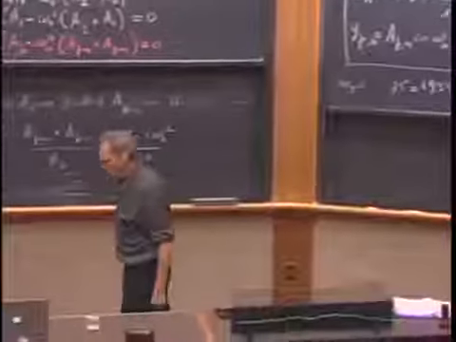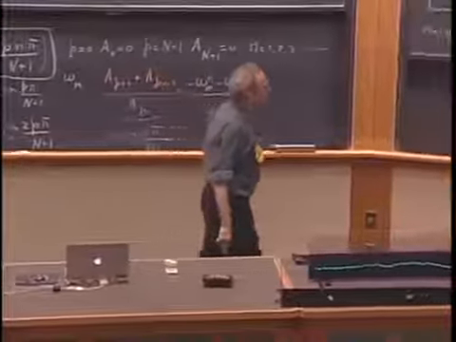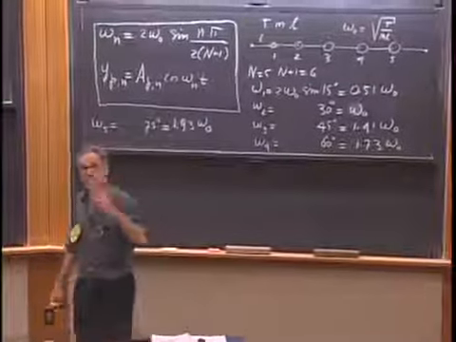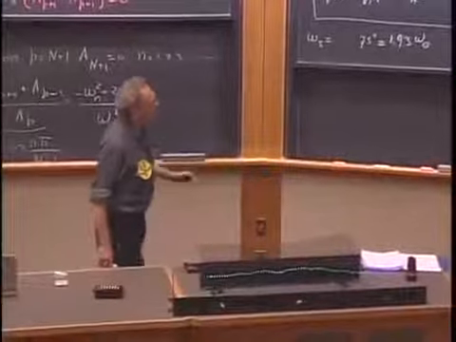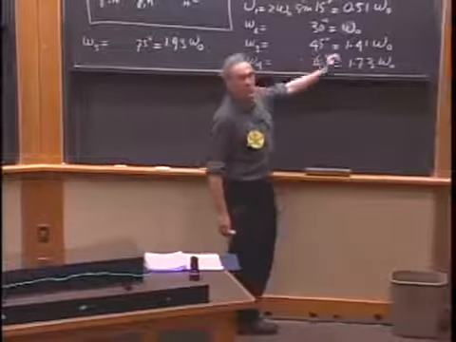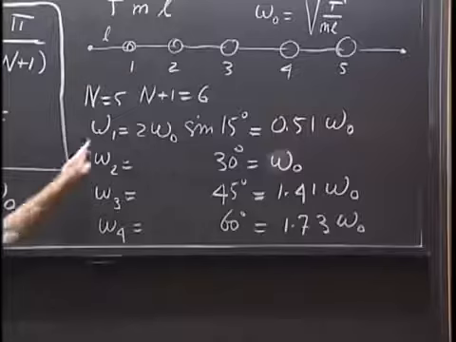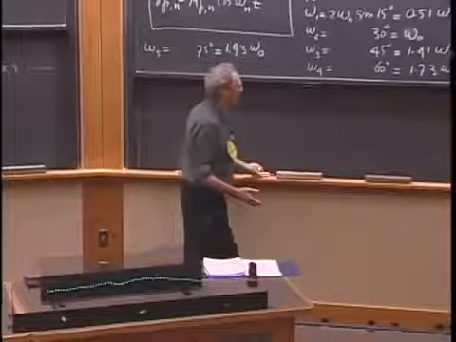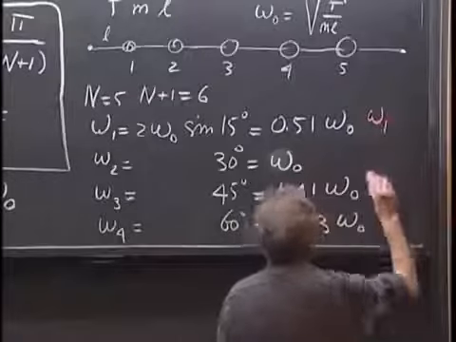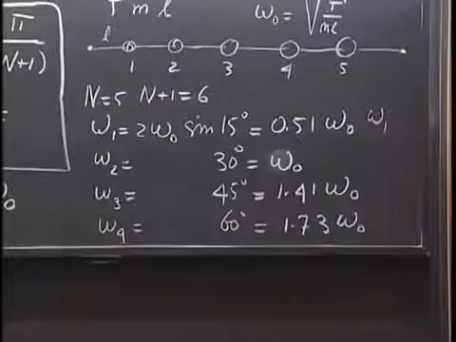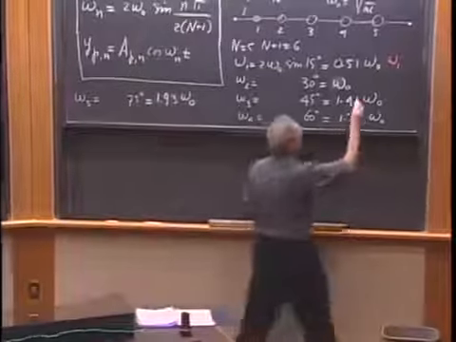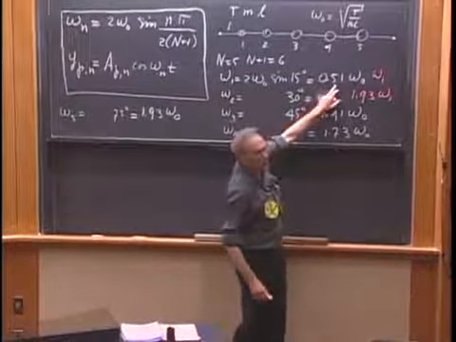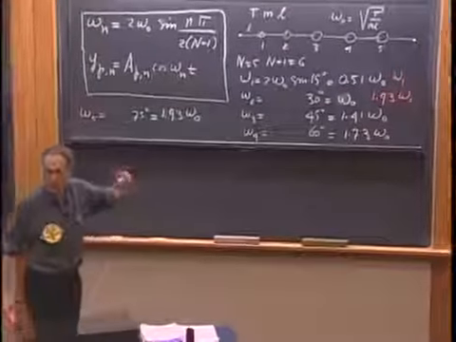What I want to concentrate on, because that's part of the demonstration, is not so much on the meaning of omega 0. It's just some arbitrary thing that I have called omega 0. But I want to concentrate with you on the ratios of the higher frequencies to the lowest one. And so I call the lowest one omega 1. If that one is omega 1, then the next one is 1.93 omega 1. Again, not exactly, but approximately. It's the ratio now of the frequencies.